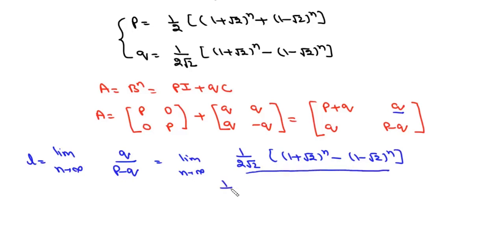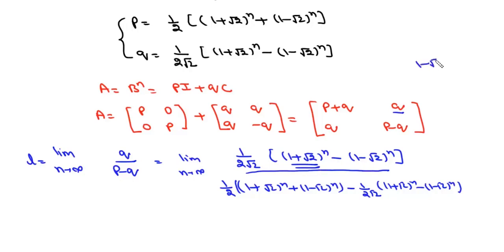And p minus q will be 1 by 2, (1 plus root 2) to the power n plus (1 minus root 2) to the power n, and minus 1 upon 2 root 2, (1 plus root 2) to the power n minus (1 minus root 2) to the power n. Now we'll divide everything by (1 plus root 2) to the power n, and then we'll write (1 minus root 2) upon (1 plus root 2) as some lambda.